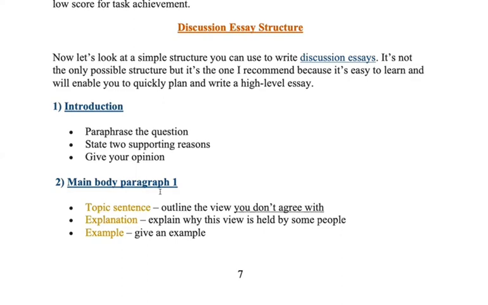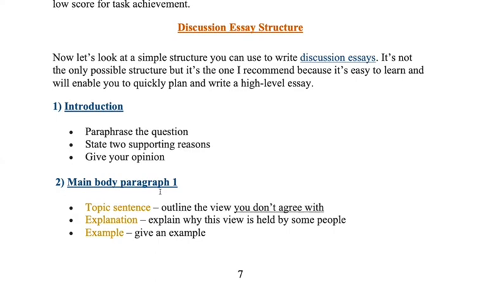But I would recommend following it. Okay. So: introduction, main body paragraph 1, main body paragraph 2, and then conclusion. In your introduction, paraphrase the question, state 2 supporting reasons, give your opinion.